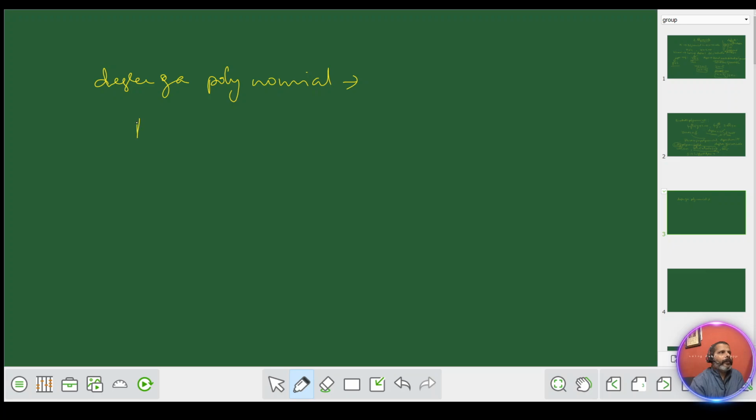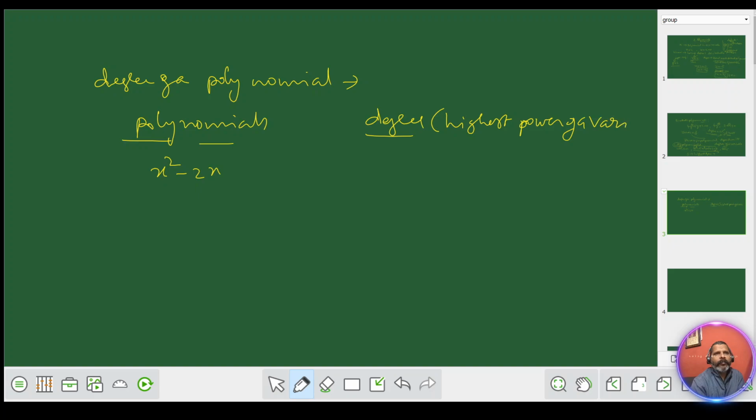Let's see the example, polynomials and degree. Example, I'll say x square minus 2x. Degree is nothing but the highest power of a variable. What is the degree? You can make out 2 is the highest power of the variable.